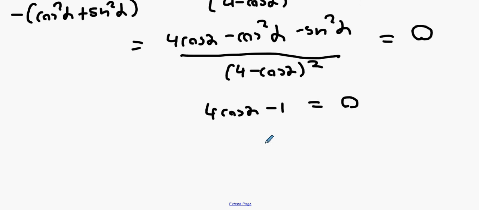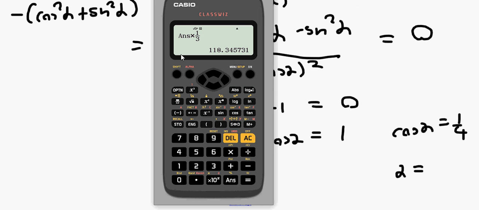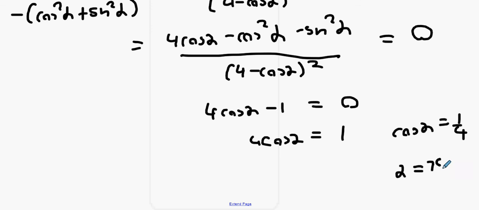Then cos alpha equals a quarter. And then alpha therefore must equal, what's cos inverse of a quarter? 75.52. Is that okay with you guys? You good? Alrighty then.